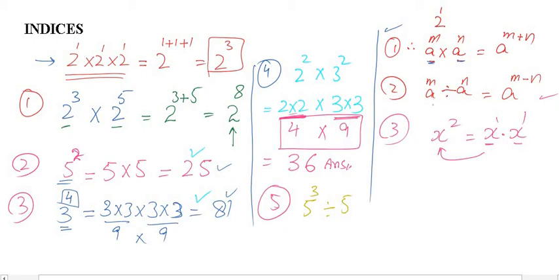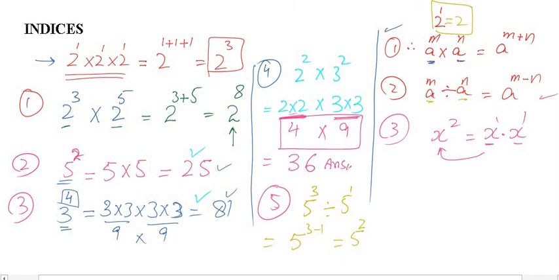As we know, if the same bases are divided we subtract their powers, and if there is no power we consider the power to be 1. So 2 power 1 or 2 are the same thing. We have 5 to the power 3, the power here is 1, so 3 minus 1, and the final answer is 5 power 2. This is what we call writing in single index.